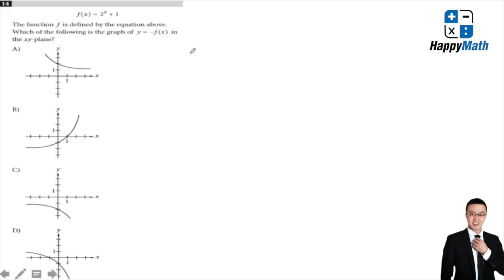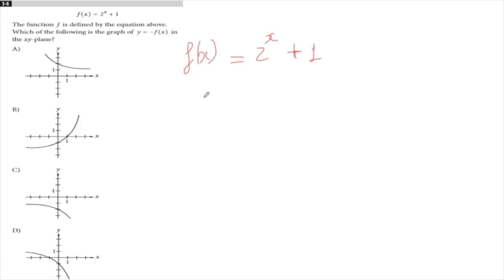The function we have here, let me make it clear: 2 to the power x, plus 1. Only the function, I say f of x equals 2 to the x, you will have a graph like this.